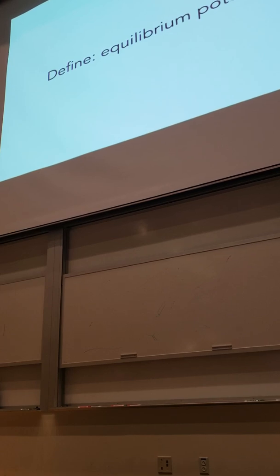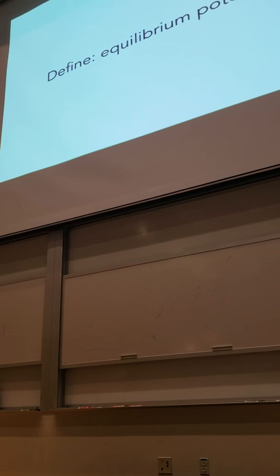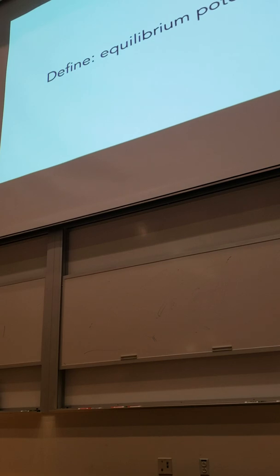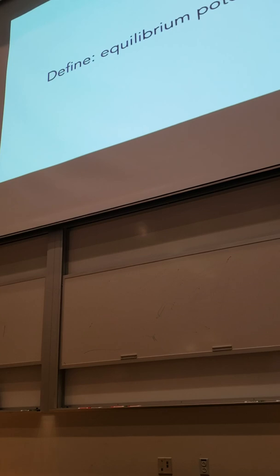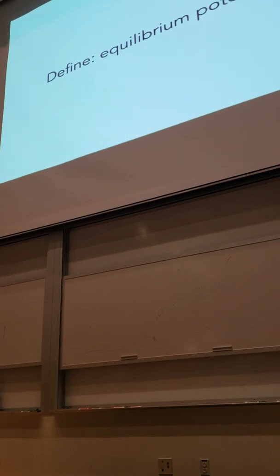We're talking about one type of ion. Example is potassium, there could be anything. And the equilibrium potential is at what voltage, at what measurement, does that ion reach equilibrium between its chemical diffusion forces and its electrical forces.